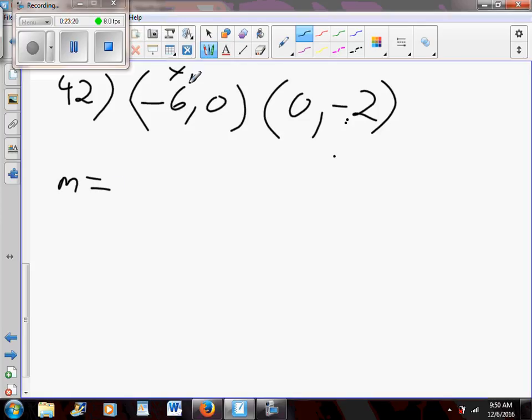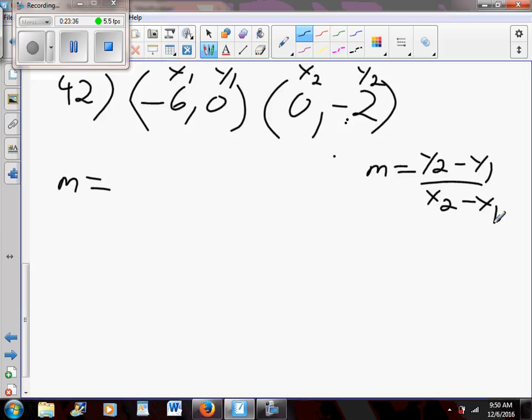All right, go ahead and put these subscripts underneath your x's and your y's if you need to help you organize your formula here. Remember your formula. There's no easy way around it. You just got to know this. Okay, so you've got -2 minus 0. Then you've got 0 minus -6. Keep up with your negatives here, right?